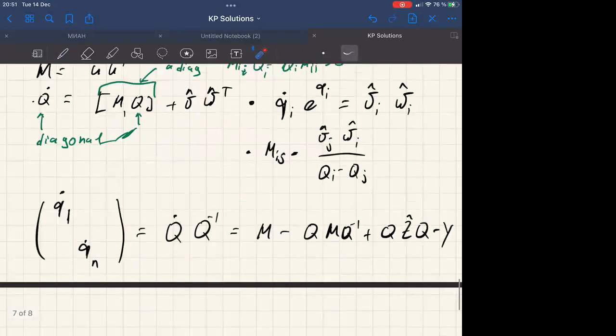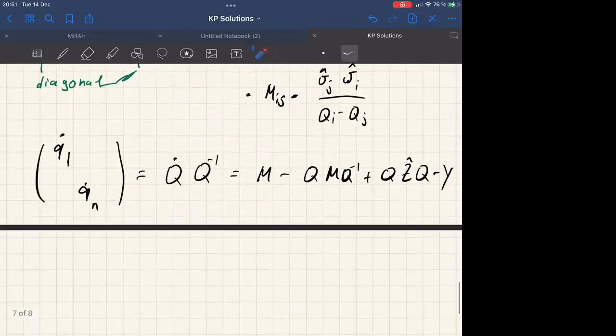We obtain this equation, and now it is clear that this one is also anti-diagonal.